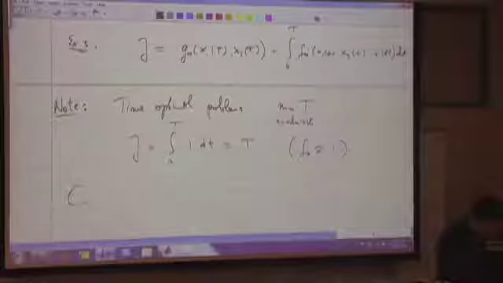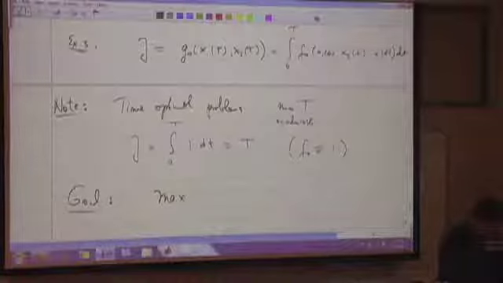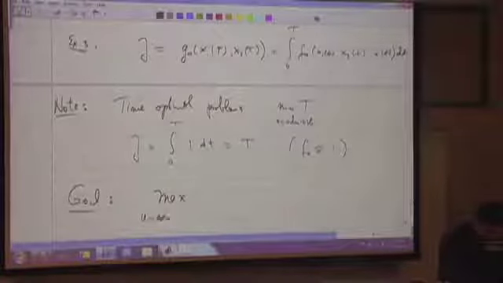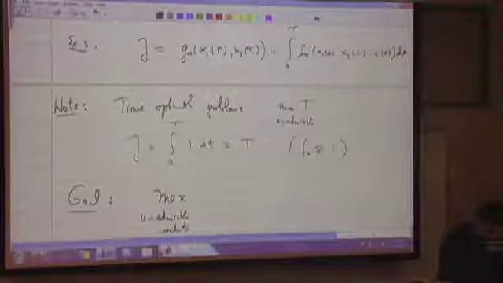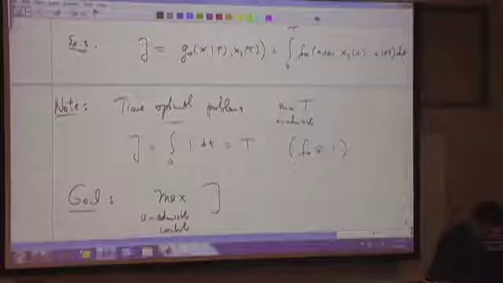Again, the goal is to maximize or minimize, over all admissible controls, this functional.